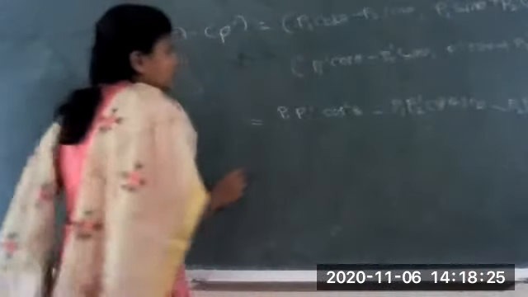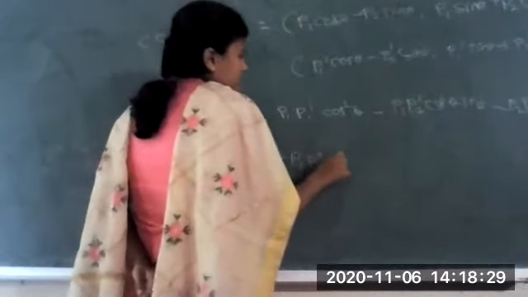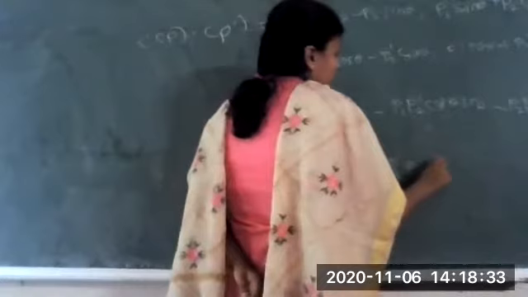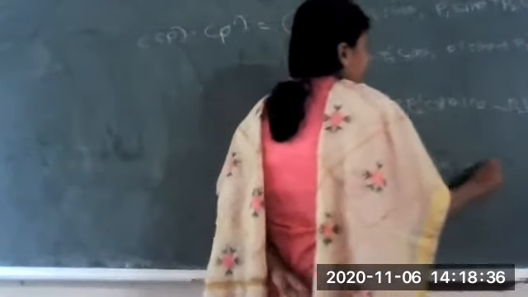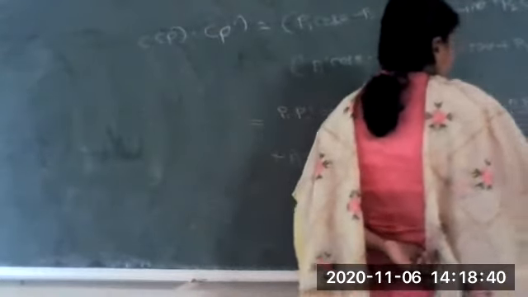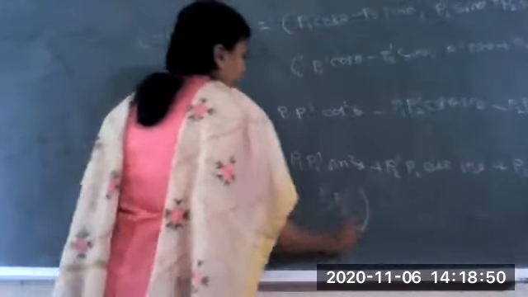Plus, what is the next term? P1 P1 dash sin square theta plus P2 dash P1 cos theta sin theta plus P2 P1 dash cos theta sin theta plus P2 P2 dash cos square theta, and the last term is P3 P3 dash.